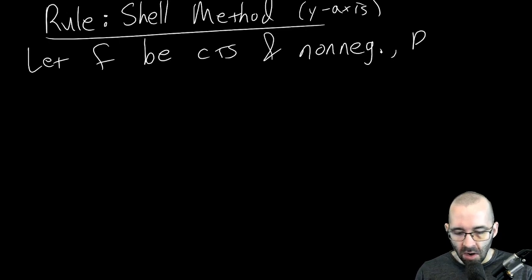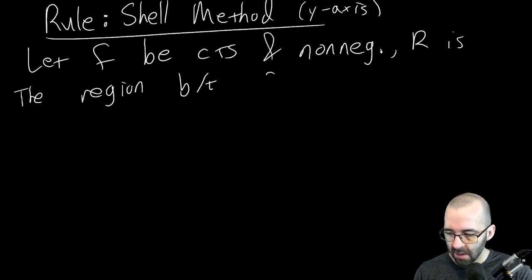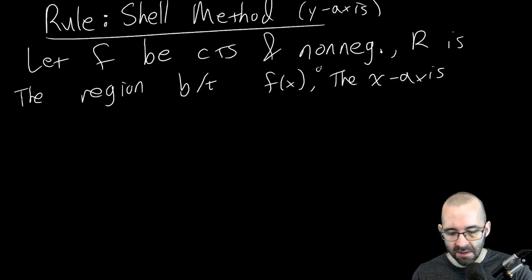So let's say that R is the region between f of x, sorry, and the x-axis from a to b.